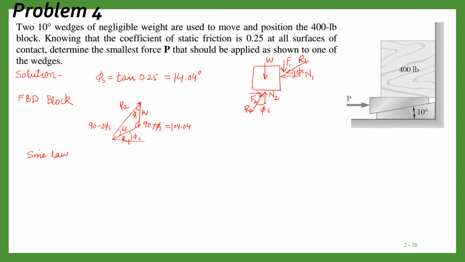Now we can apply the sine law. By using the sine law, we have W upon sine of 61.92, okay, 61.9 is this value, equal to R2 upon sine of 104.04 degrees.